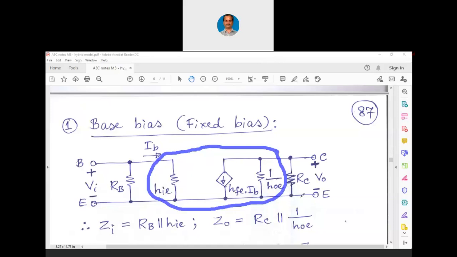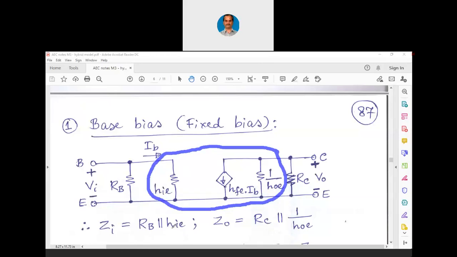As RC is also connected to AC ground, we connect this RC in parallel. So now we can write the expressions for the hybrid modeling of the base bias. We can directly write Zi equals RB in parallel with HIE. In our RE model, we had the expression RB in parallel with beta into RE.